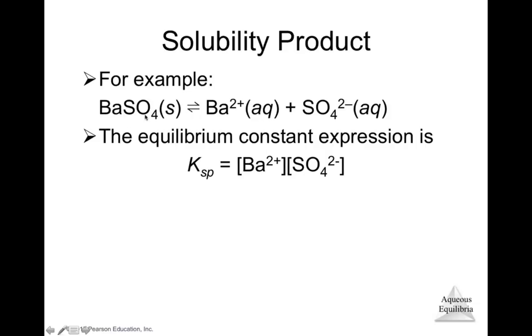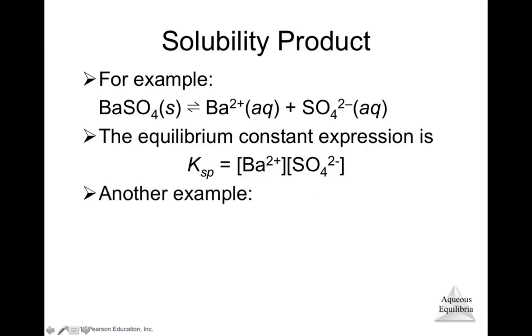The solids, as we may know, are not part of the equilibrium constant because basically they are constant. So the Ksp for barium sulfate is equal to the concentration of barium times the concentration of sulfate.